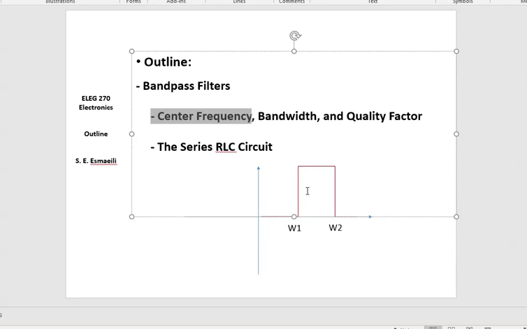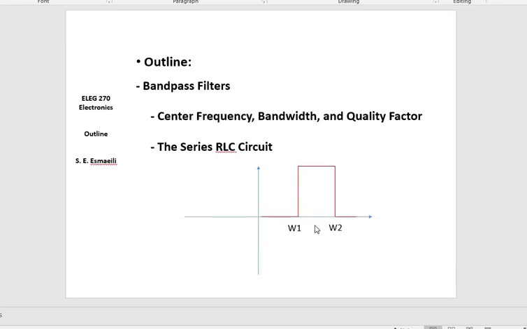We usually write this frequency as omega m, and we will place it here.